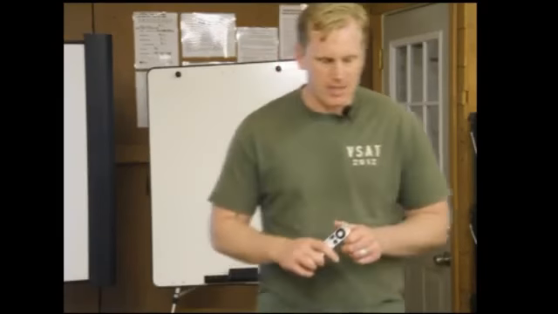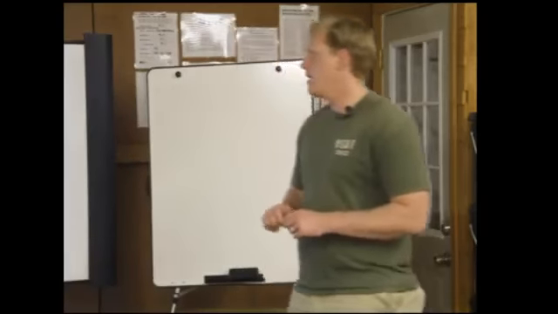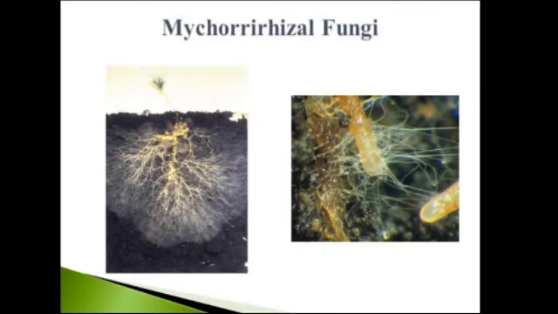That goes back to that competition. It can help increase the nutrient and water uptake of the plant roots. And again, it changes the type of root exudate. So the root will start exuding gases that the mycorrhiza prefers, and the mycorrhiza will then help find food sources for the plant.